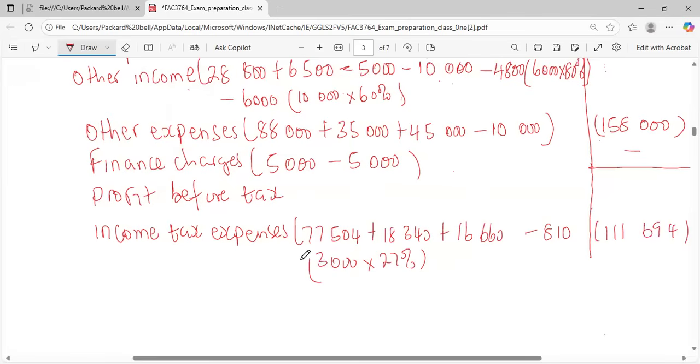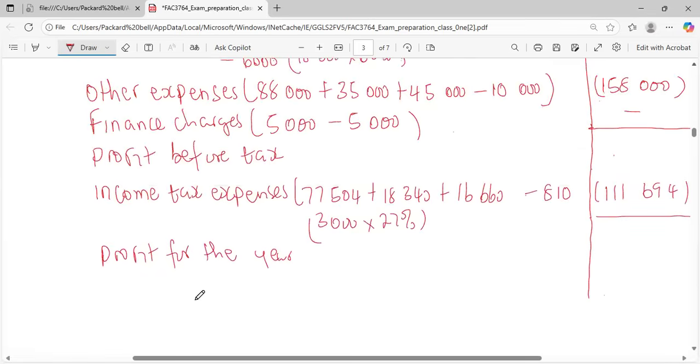So here we have a gap here. After income tax expense, what are we going to have? We're going to have profit for the year. We cannot have this because we don't have a profit before tax. We can leave it like this. After profit for the year, what are we going to have next? Other comprehensive income.